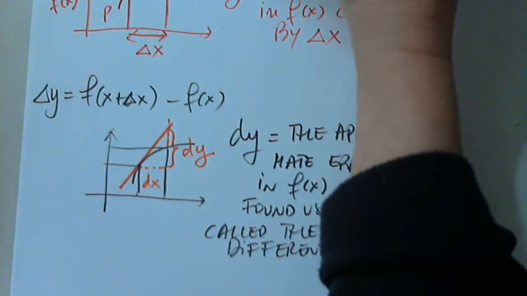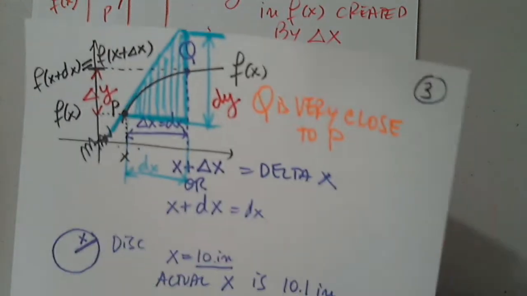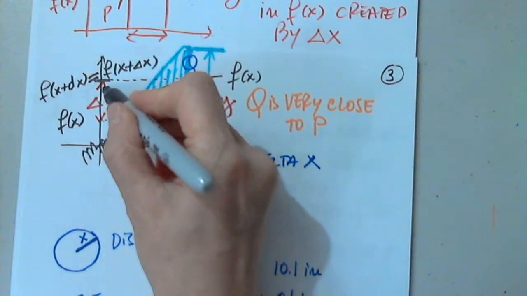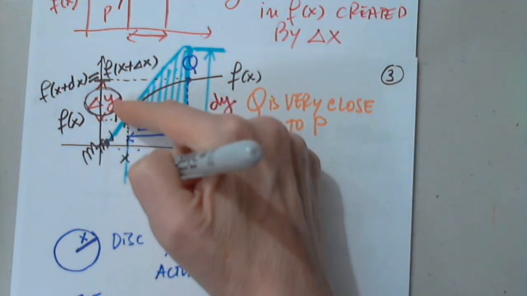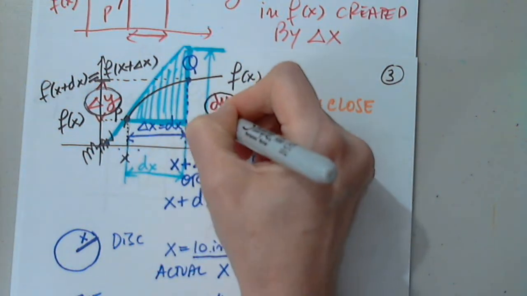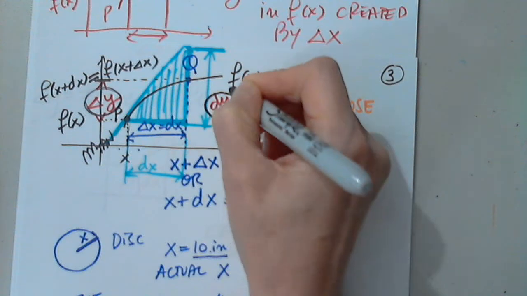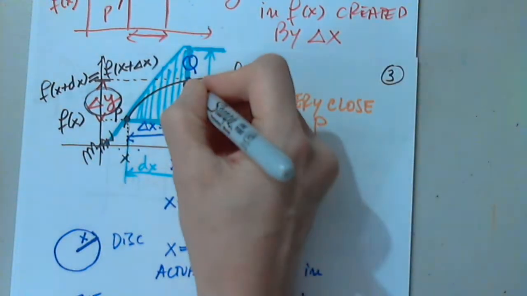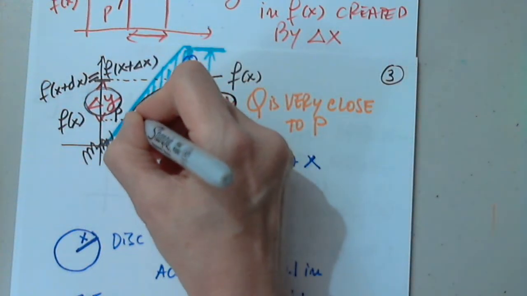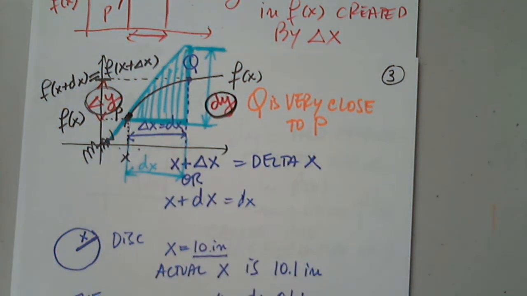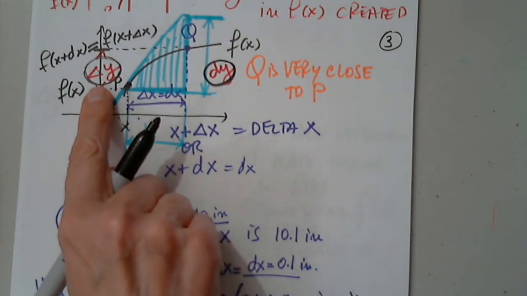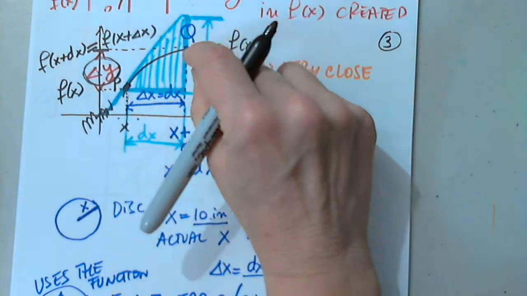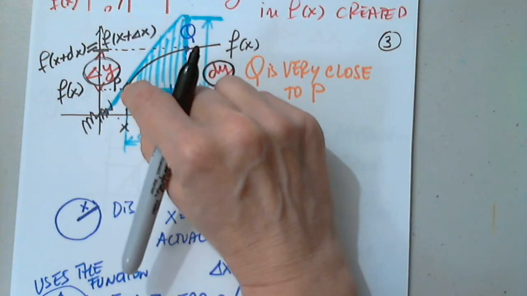So, coming back to my first graph, I want to determine a relationship between the exact error in the function and the approximate error in the function. Keep in mind that Q is right here, very close. My drawing is confusing because I'm zooming in, but remember Q is very, very close.